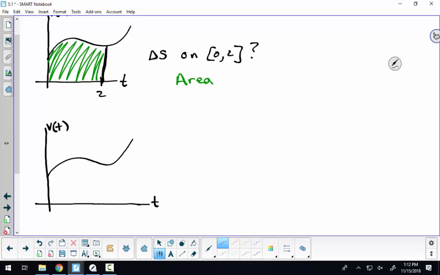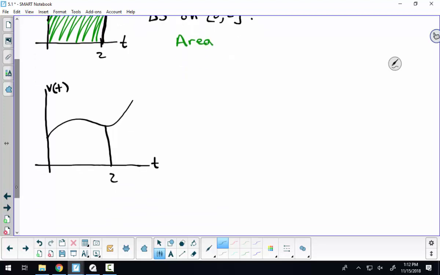So the idea to compute that area, does anyone have any ideas, or maybe you've seen it before? The idea is a pretty straightforward approach, based on the last example.